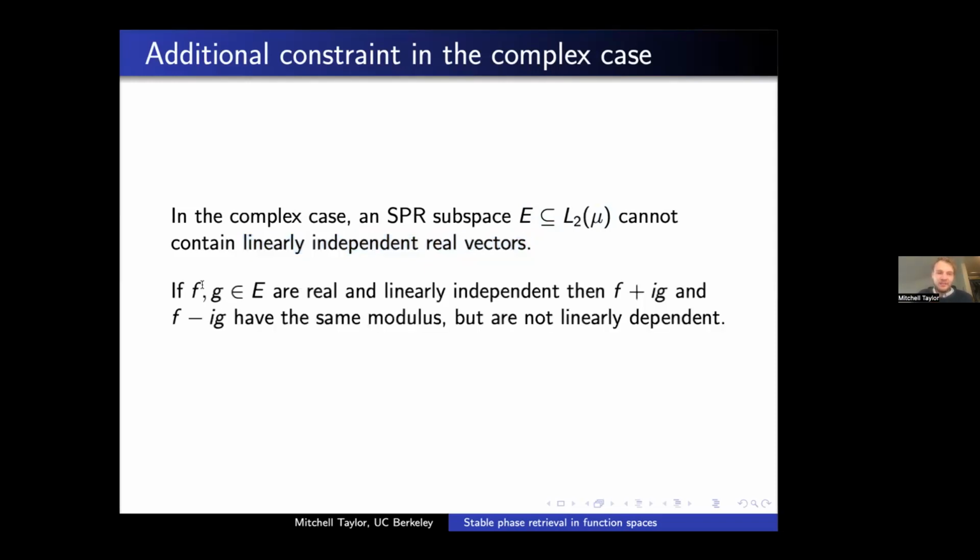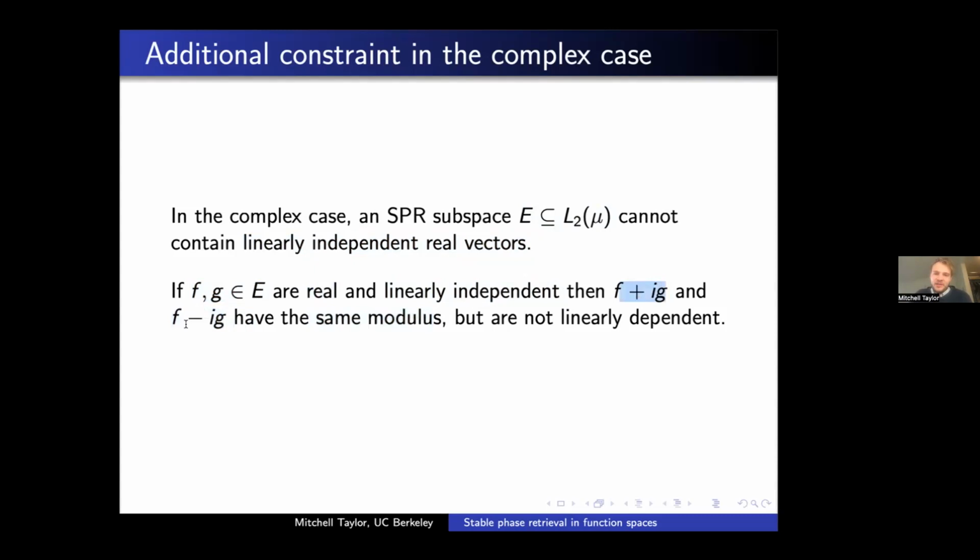Well, suppose I take two vectors f and g in my subspace. I assume they're real and they're linearly independent. I form the vector f plus ig, and I form the vector f minus ig. And since these functions f and g are real, the function f plus ig will have the same modulus as the function f minus ig, right?